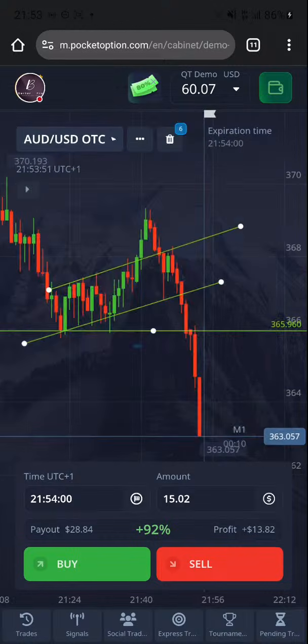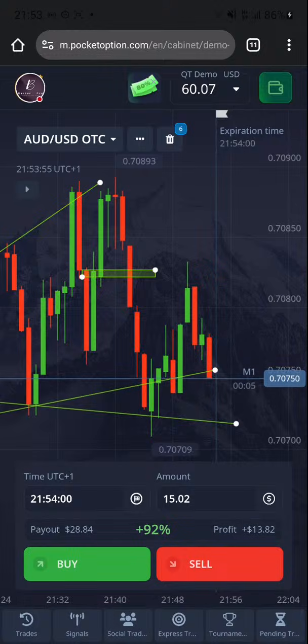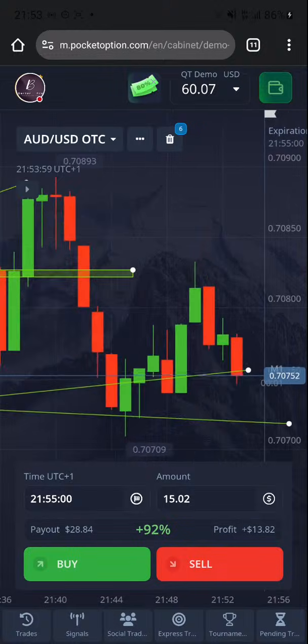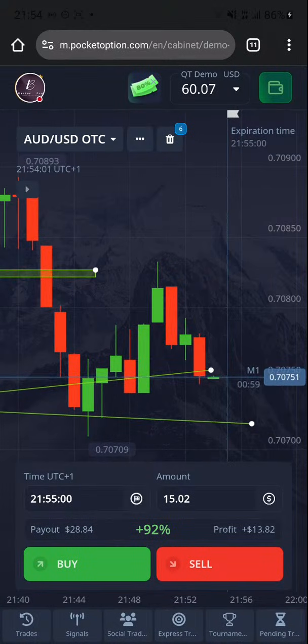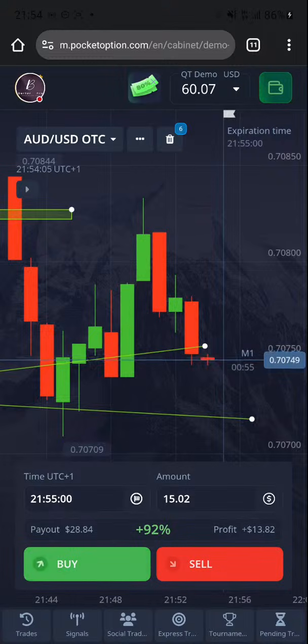I'll keep an eye on this market. Let's check another market here. Look at this momentum now. Even if it's a weak momentum, it will still mess you up in a way. So let me see. Can we go with buyers? I think we can.